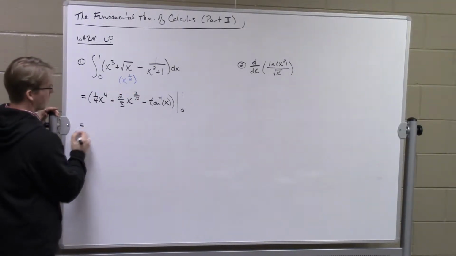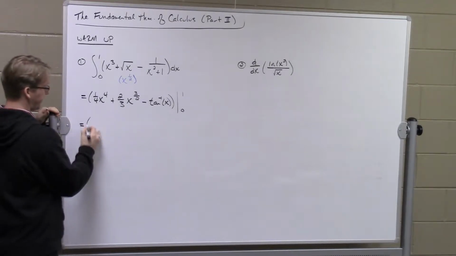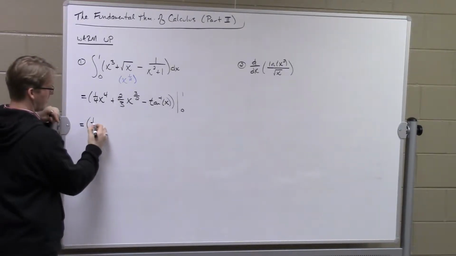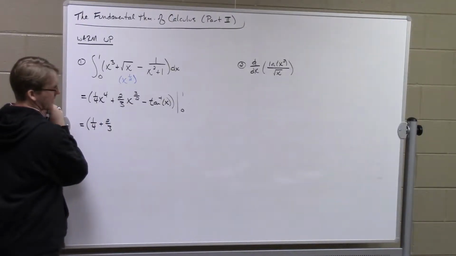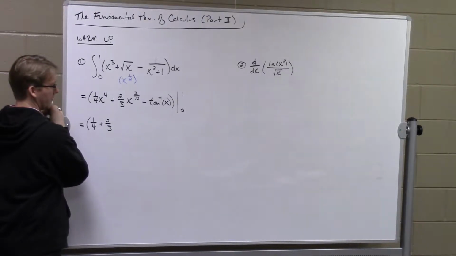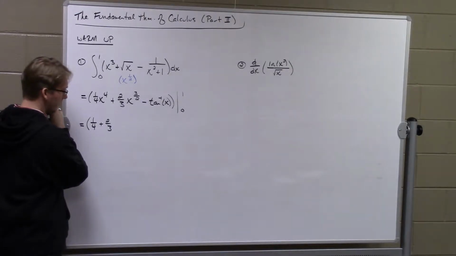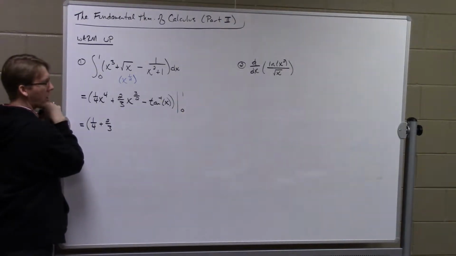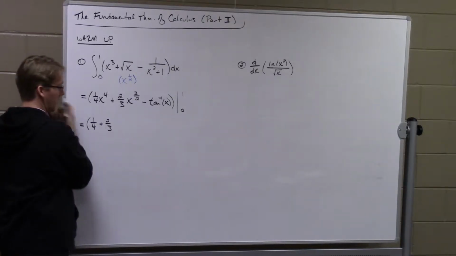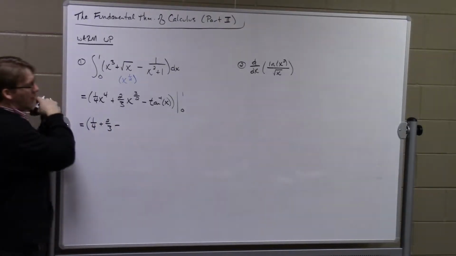Now we evaluate at 1, at 0, subtract. Pretty straightforward. That's gonna be a 1/4. That's gonna be 2/3. Arc tangent of 1. I'm sorry, what? Plugging 1 in for x. Arc tangent of 1. I don't know what I was thinking.